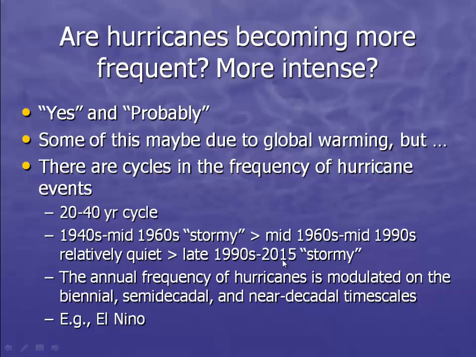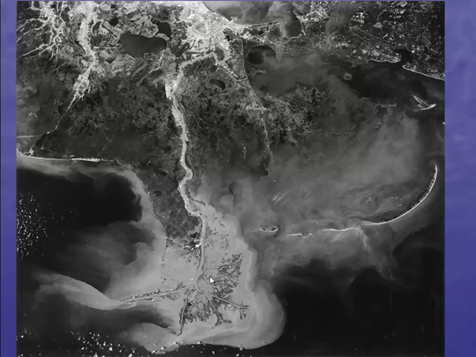And the 1990s through to 2015 is projected to be relatively stormy. So we go through these cycles, and sometimes they last 20 years, sometimes they last more like 40 years. We go through these active and inactive periods, a sort of natural variability. We also have year-to-year variability because of things like El Nino and other ocean and atmosphere oscillations that can govern the amount of hurricanes that we see.